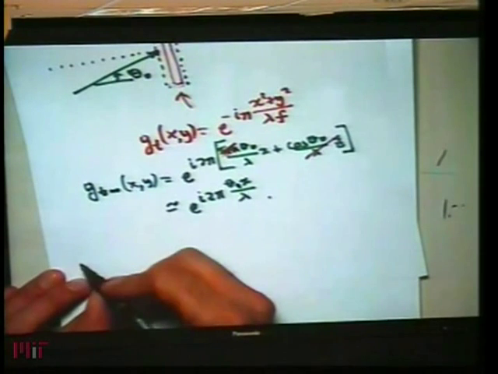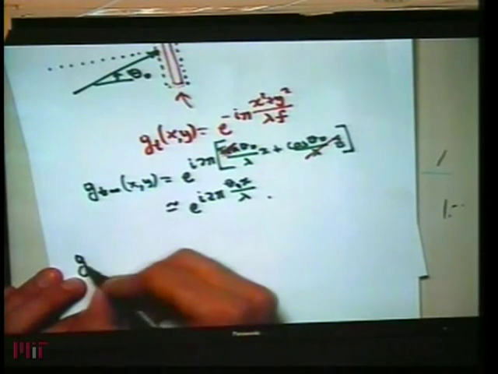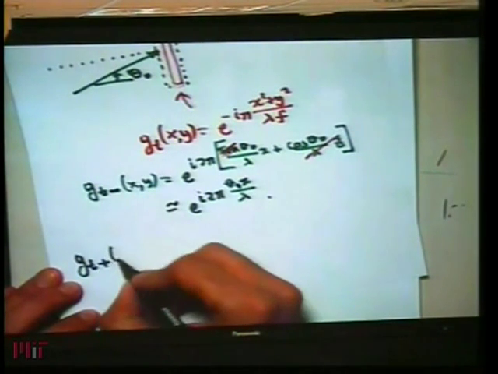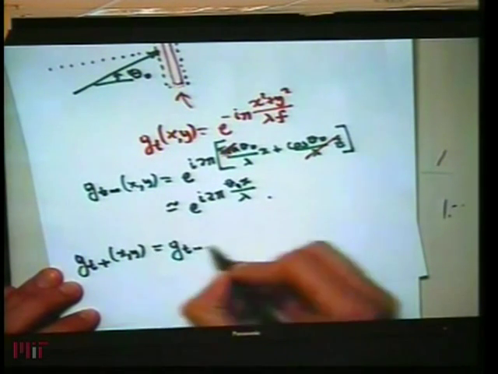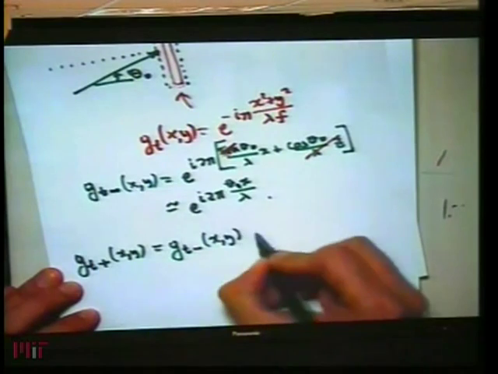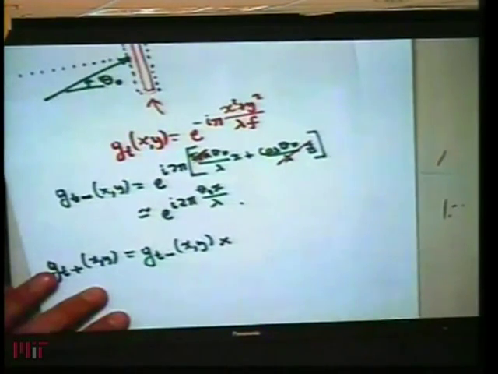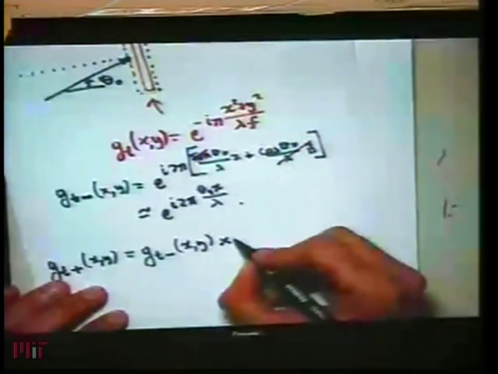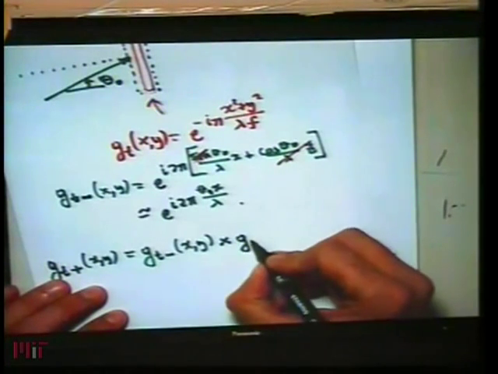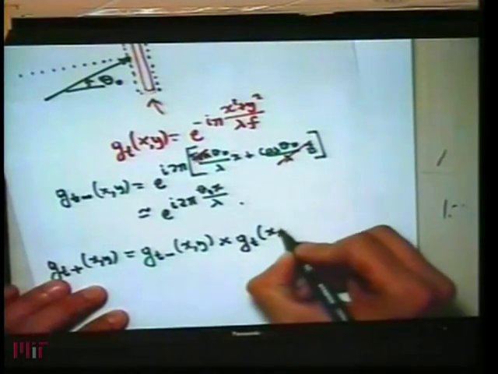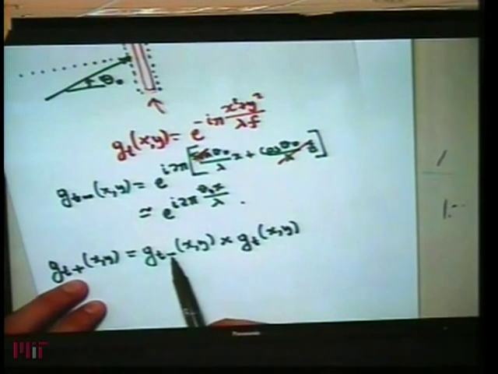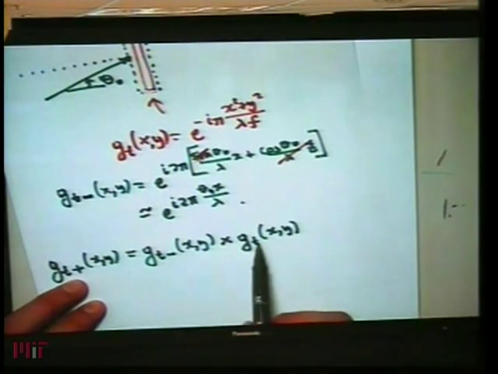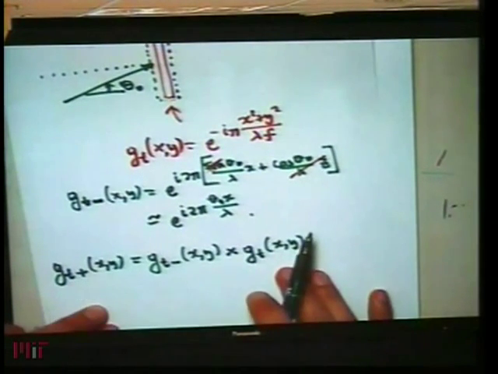So G sub T plus multiplied by the transparency itself. So the plus stands for after, the minus stands for before, and the nothing stands for the transparency itself.